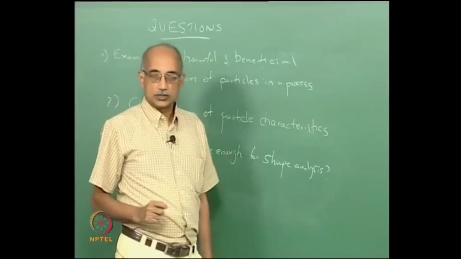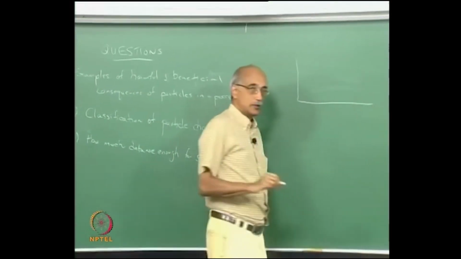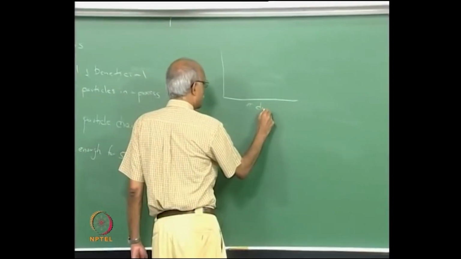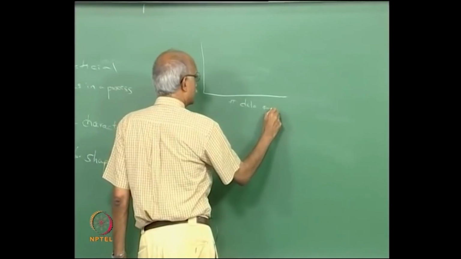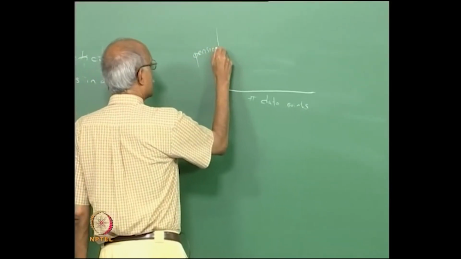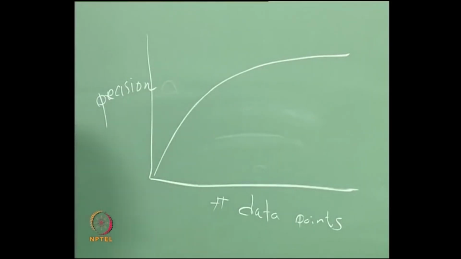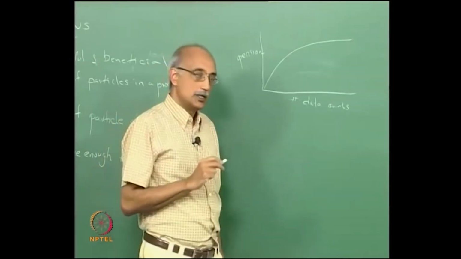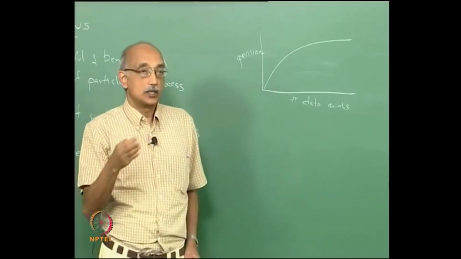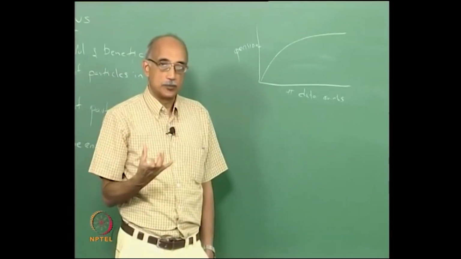So in this context, you should be able to recall the rate of diminishing returns curve that we drew, where if you plot number of data points versus precision in our shape characterization, typically you will see a curve like this. Initially, for the amount of data points that you gather, there is a rapid increase in the amount of information that you can gather about the shape of a particle.